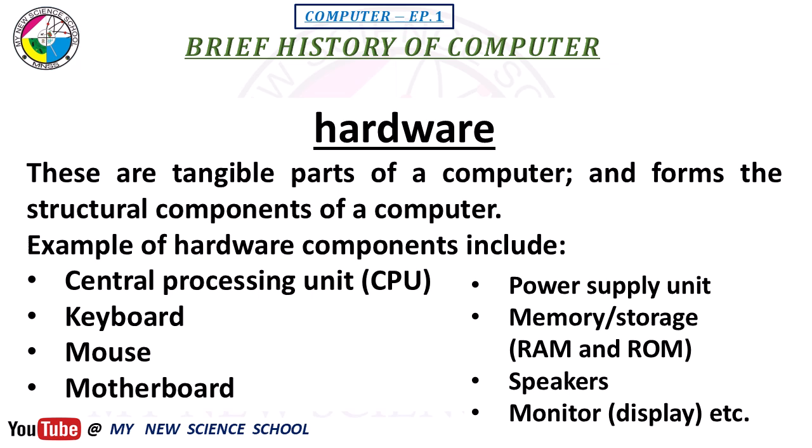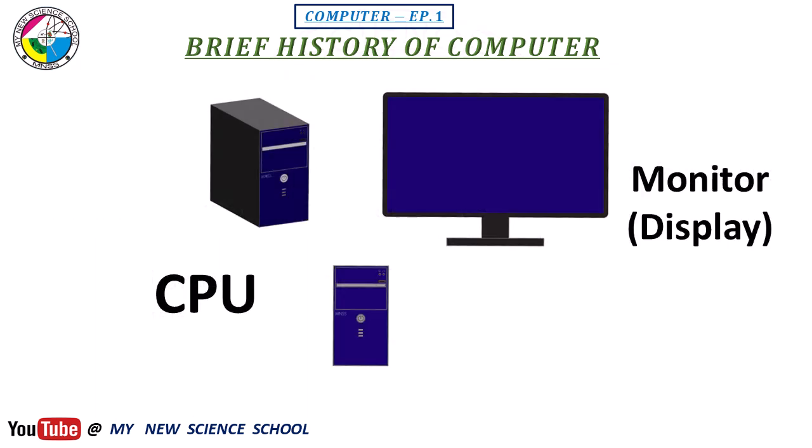Now let's take a look at this example. First we have the CPU and monitor. This CPU, the central processing unit, is the actual computer. Everything else is peripherals. That means anything else serves a specific purpose, but is not the actual computer.